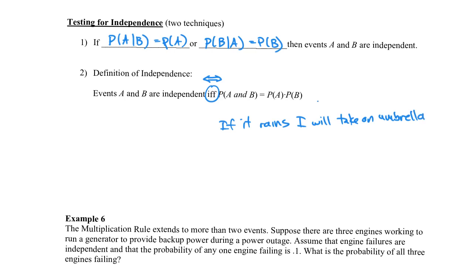So this goes in one direction. It's conditional. If it rains, then I will take an umbrella. I can't reverse it. It's not biconditional. I can't say, if I take an umbrella, it will rain.